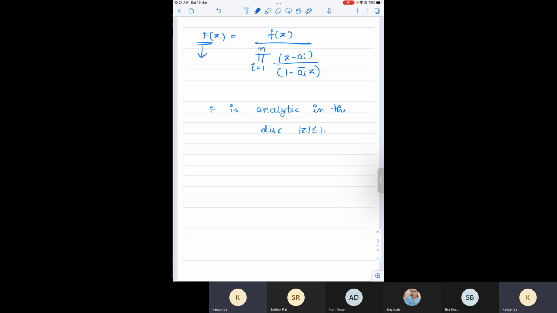Is it fine? Yes, ma'am. Also, this F(z) will be non-zero in this disk because all the zeros will cancel out and F(z) will not have any other zero.